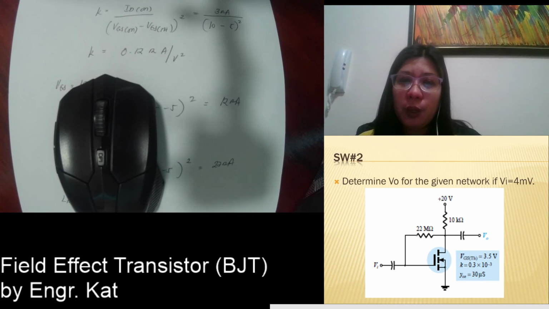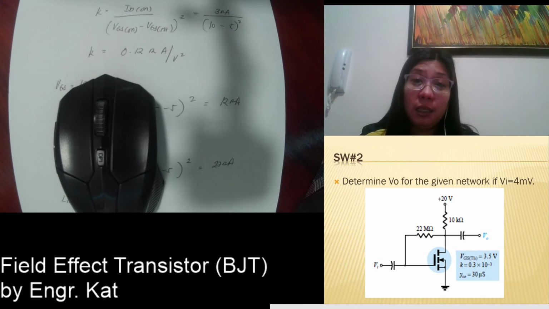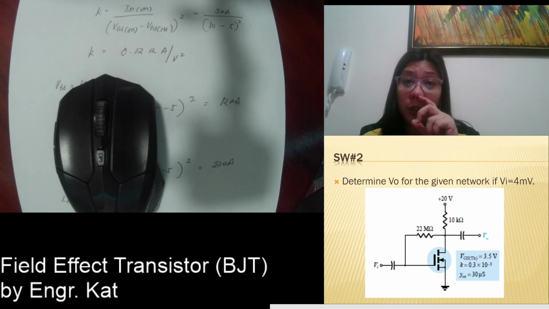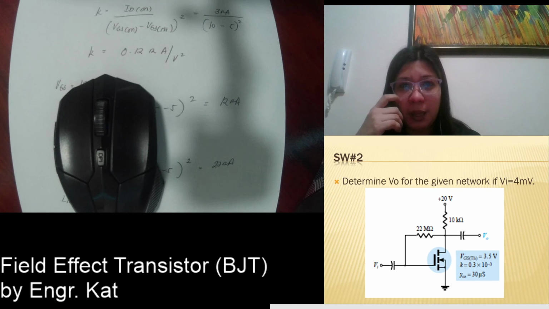So with FETs, if you visit semiconductor industries, you will find that in IC technology, FETs are most widely used compared with the BJT. Why? Because of its construction, it is very, very simple, right?